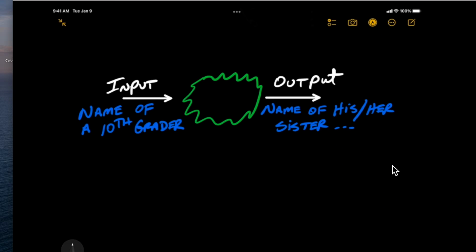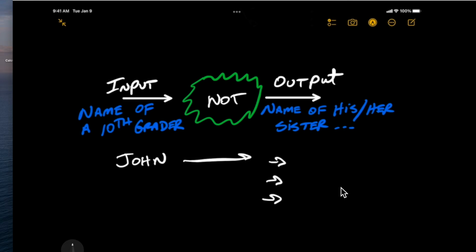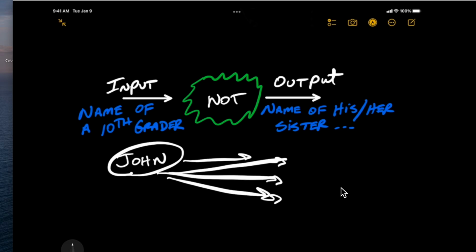If you ask the name of a 10th grader, and I give you the name John, and I ask the name of his or her sister, he could have 3 sisters. This is not a function. If an input has more than one output, it is not a function.